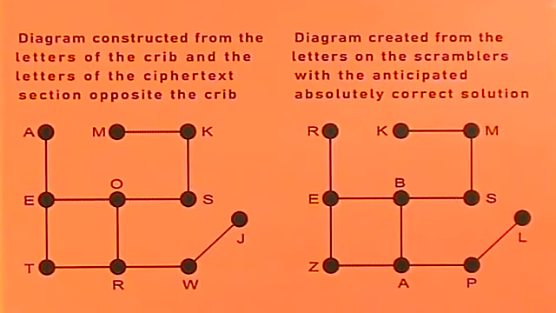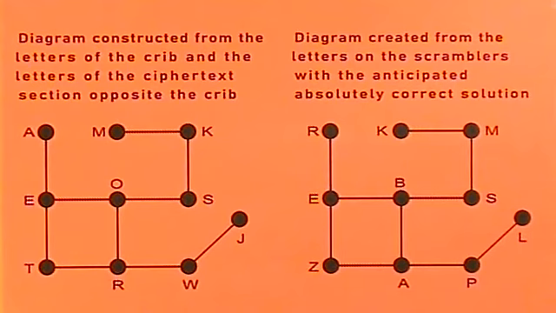Here are two diagrams on one sheet. The left diagram is made up of the crib and the letters of the ciphertext section opposite the crib. The diagram on the right is made up of the letters that are applied on the scramblers when the search engine tries to stop, due to a loop formation.